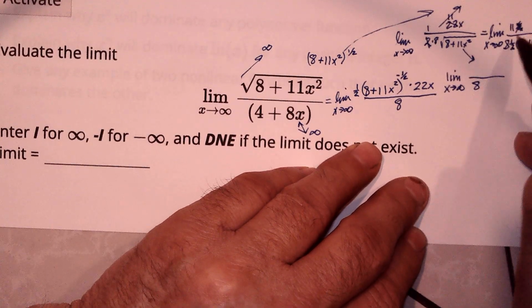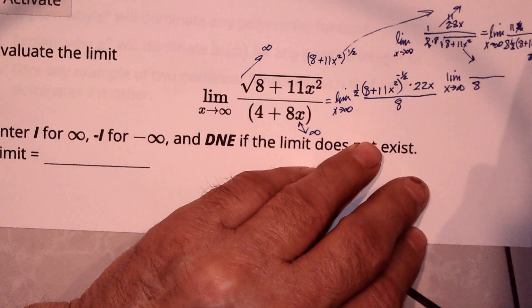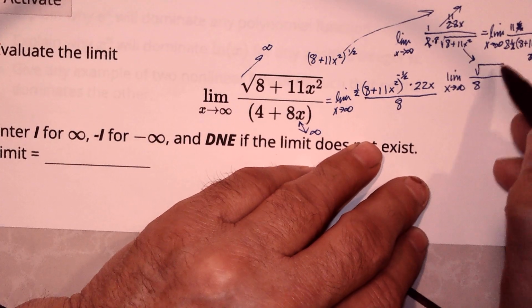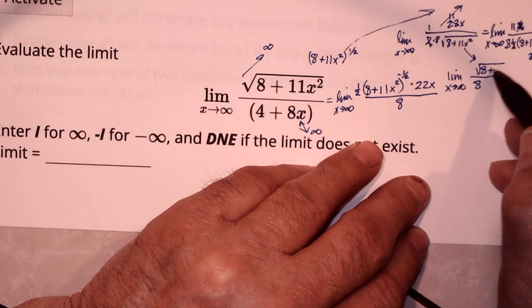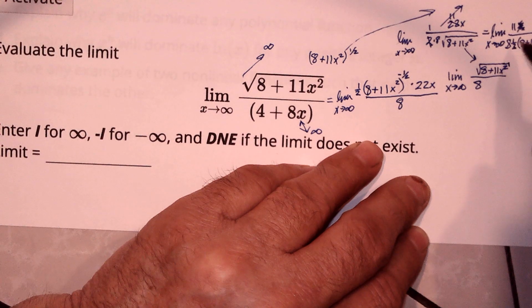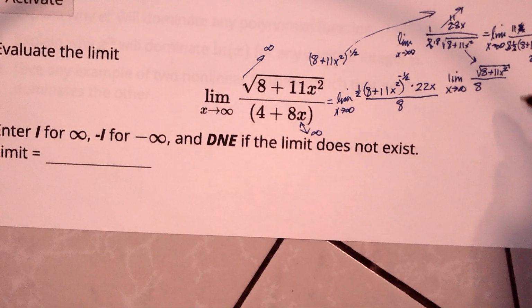And the 11 is gone. This is to a negative 1/2, which would bring it to the numerator again. 8 plus 11x squared. So that's what we're trying to find out.